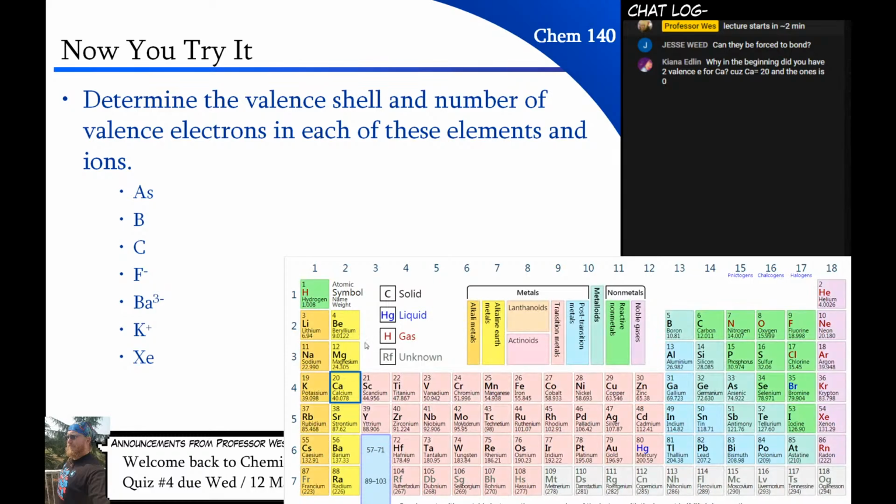So for arsenic, it's in period 4, so that would be valence shell 4. And then its group number will tell us the number of valence electrons it has. So if it's in group 15, there's the ones digit, so it has 5 valence electrons.